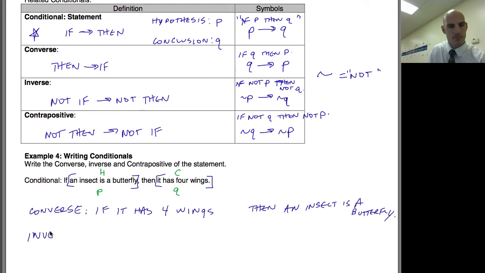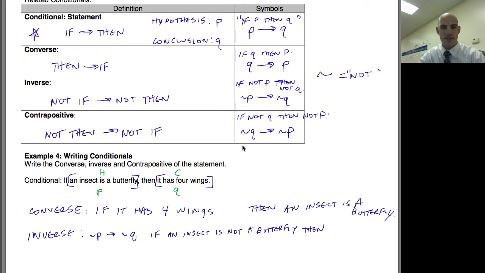Inverse. So this is going to be that not P to not Q. So P and Q stay where they are. So if an insect is not a butterfly, then it does not have 4 wings.